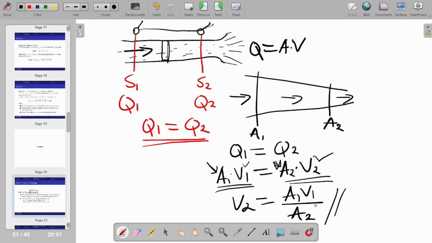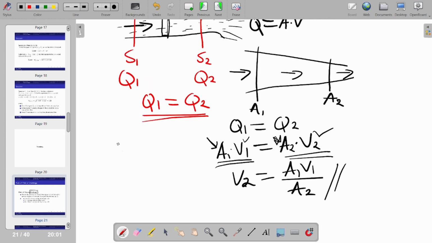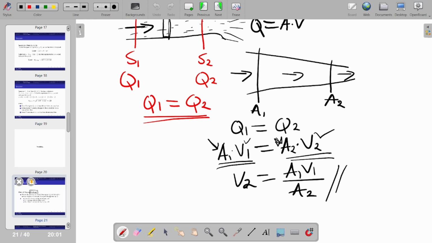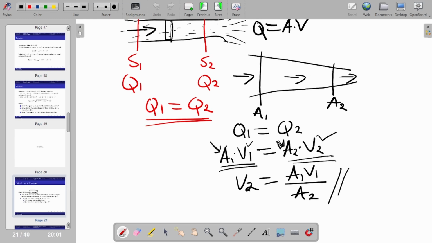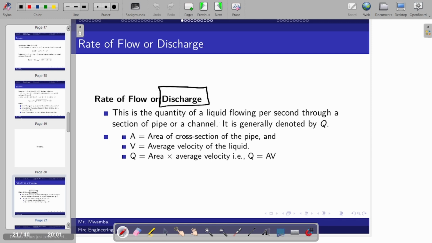The same thing can happen if you're given any of the 3 things here. You can find the missing one. Let's proceed.